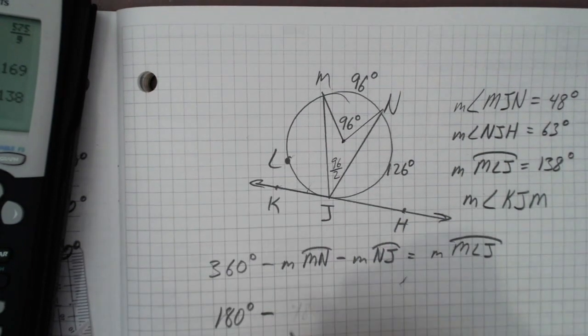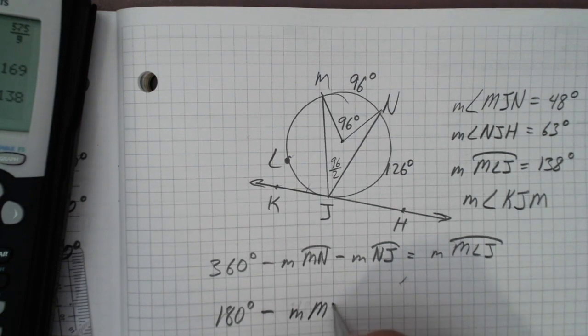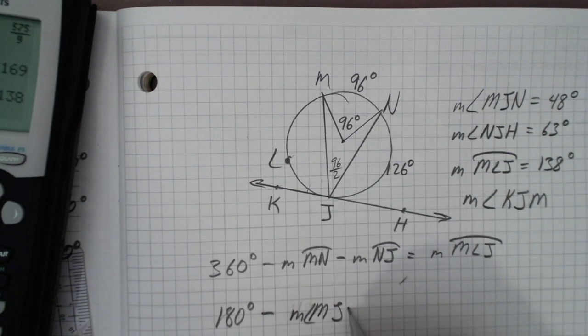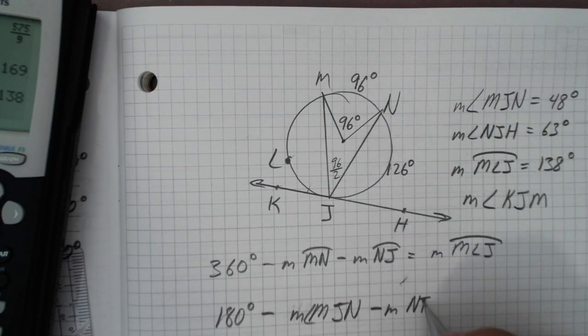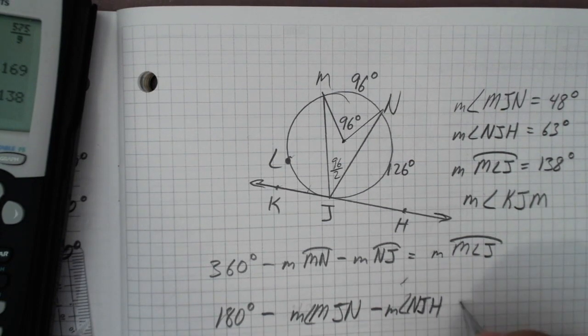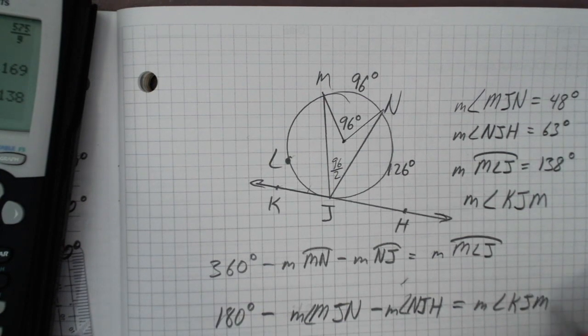KJM. So we go 180 minus the measurement of angle MJN minus the measurement of angle NJH is equal to the measurement of angle KJM.